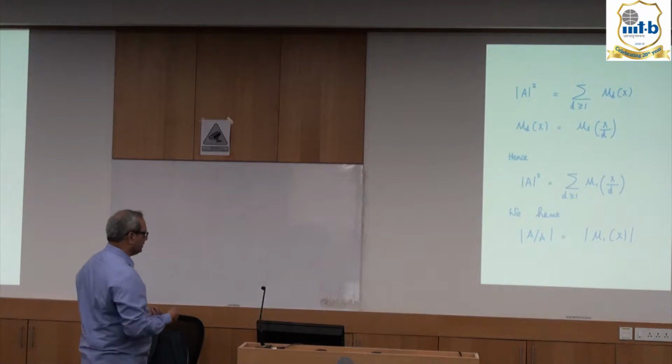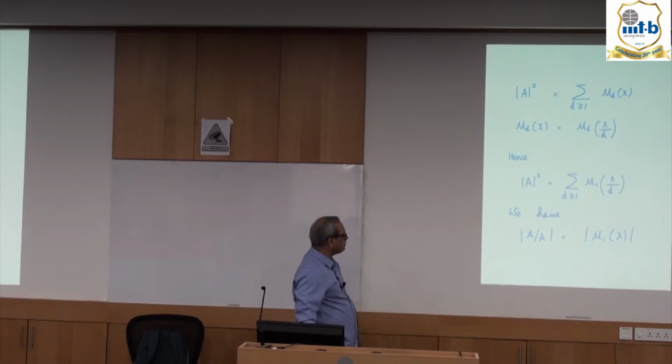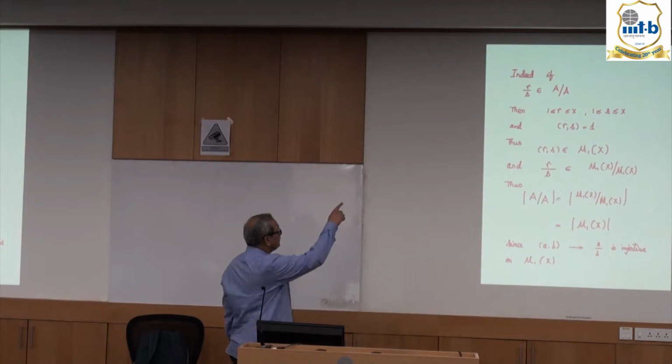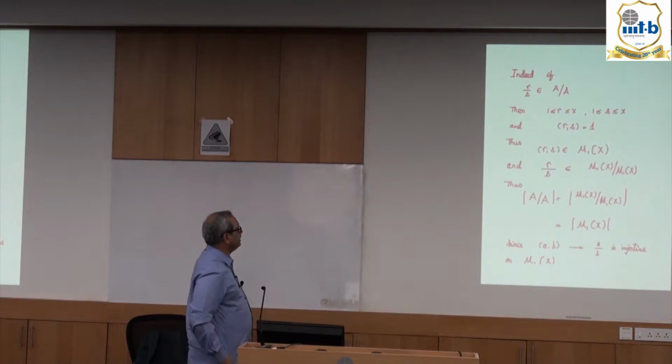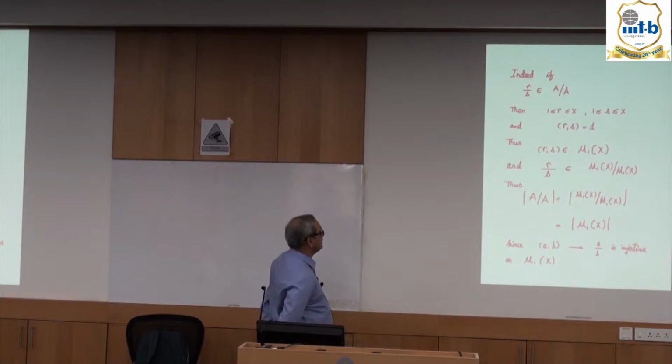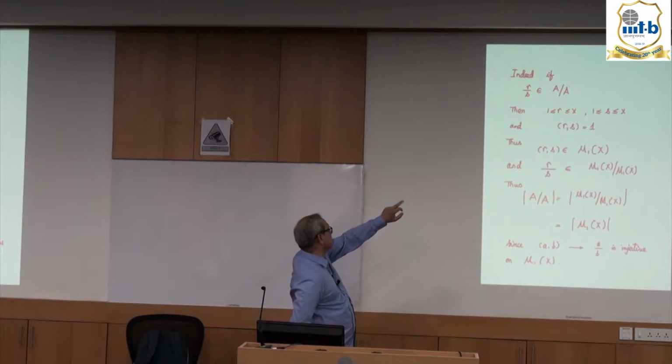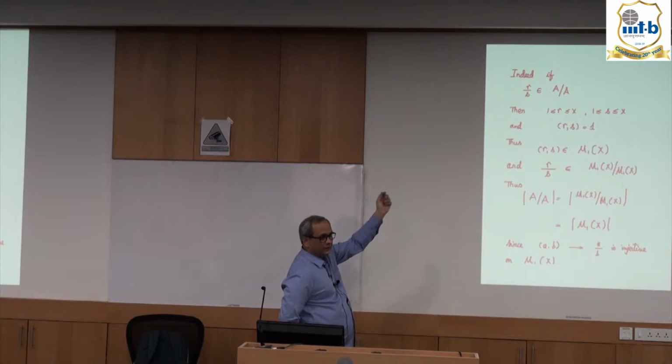Okay, so why is this? Indeed, if you have a ratio A by A, then 1 less than R less than X and 1 less than S less than X would follow, because R by S is a ratio that is produced from A.